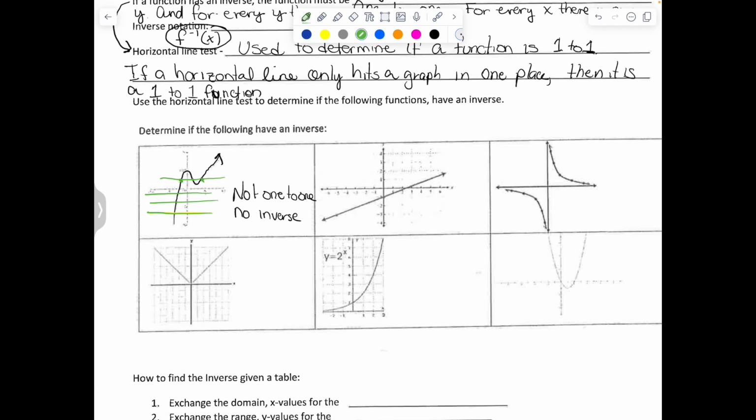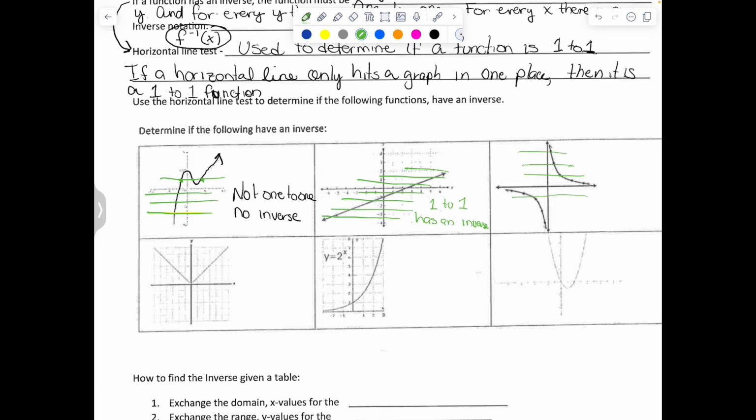But if we look at a linear function, all linear functions are 1-to-1. So this one is 1-to-1, has an inverse. The next function, if you recall, is a rational function.